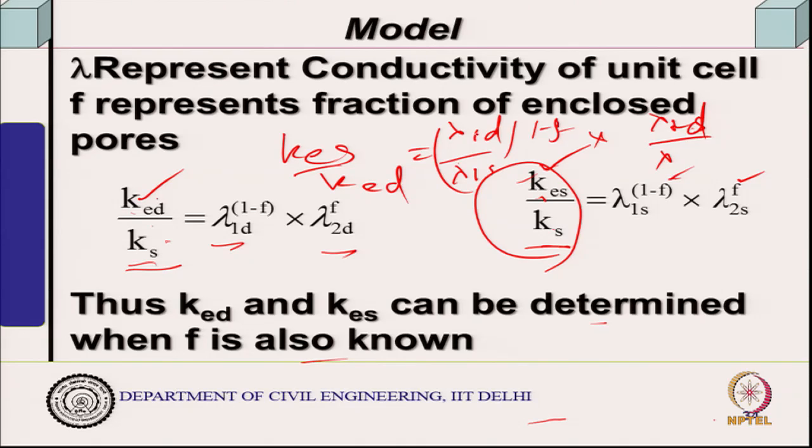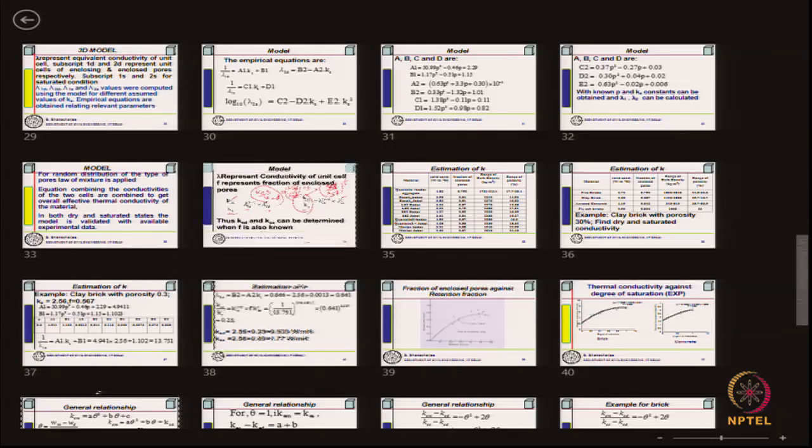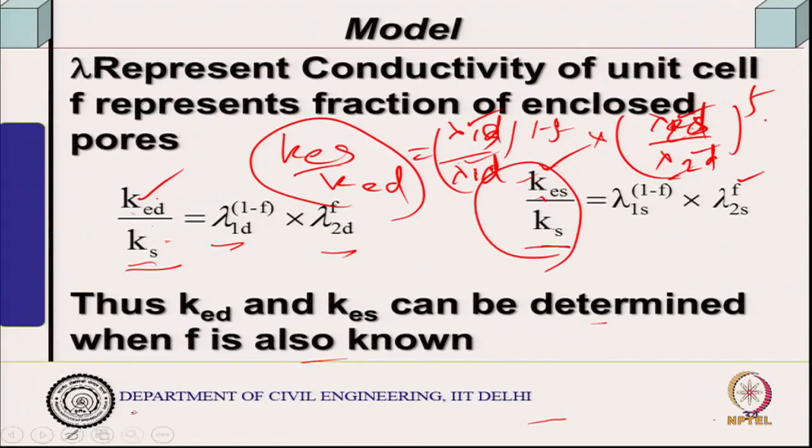This is known to me experimentally. Take log of both sides. This has been obtained from the model, these 2 have been obtained from the model. So, I can find out f, because it is now an equation only in f. Let me just redo this.